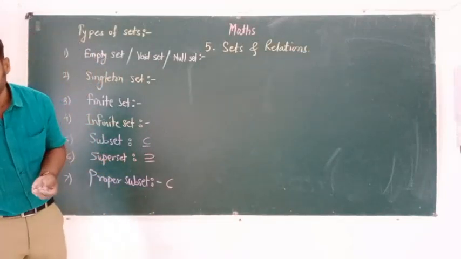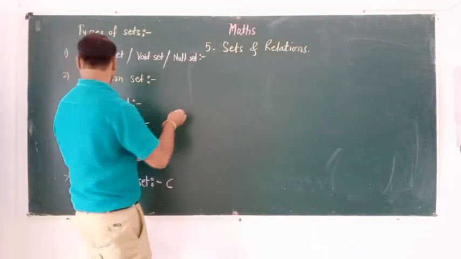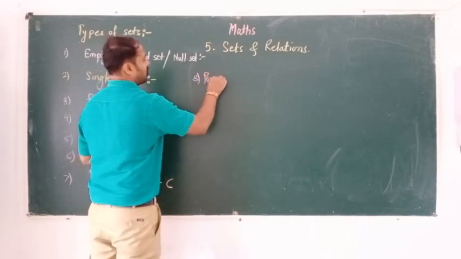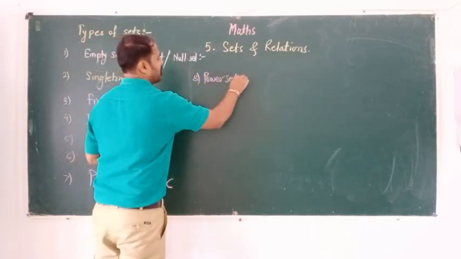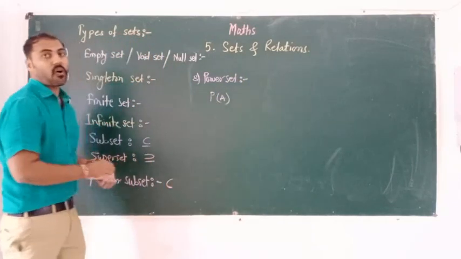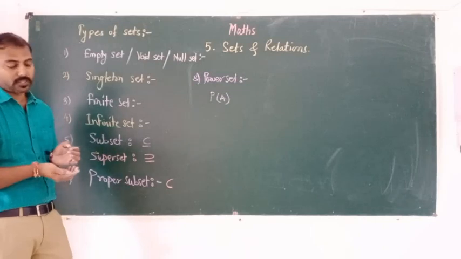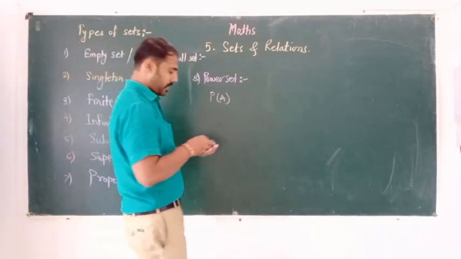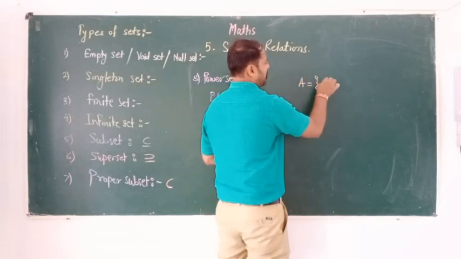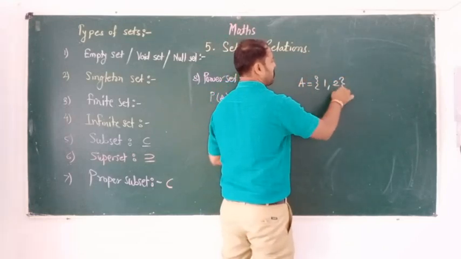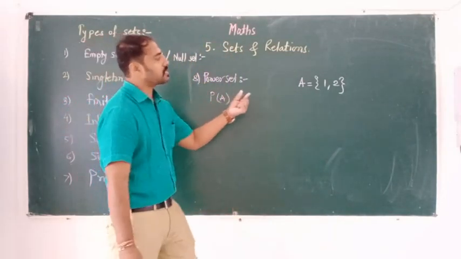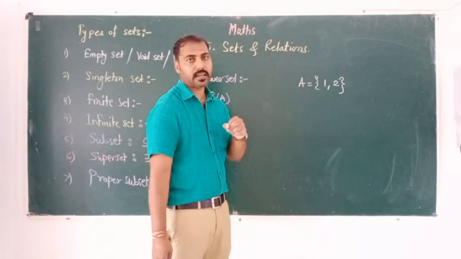Next definition is power set. Eighth definition is power set. Power set of A is denoted by P of A. Look at it. Suppose I take here example A is equal to {1, 2}. Now tell me the subsets of A. How many subsets of A are there?